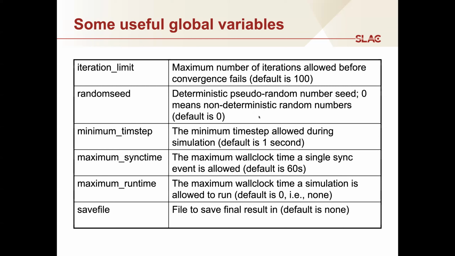Unlike what would happen if you were to not set the random number seed and let it remain 0, then you get a non-deterministic sequence of, well, I shouldn't say it's non-deterministic. It's a pseudo-random source. The entropy source on your system is pretty good, but it's not strictly non-deterministic.